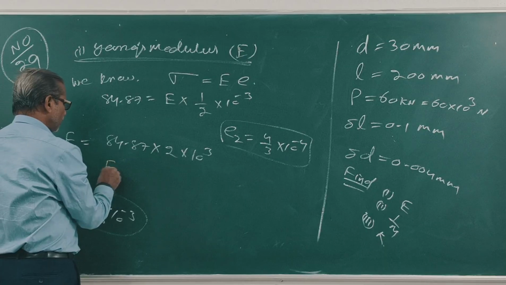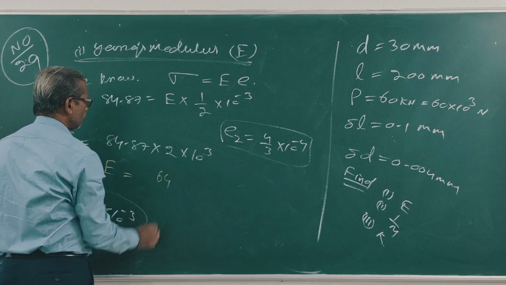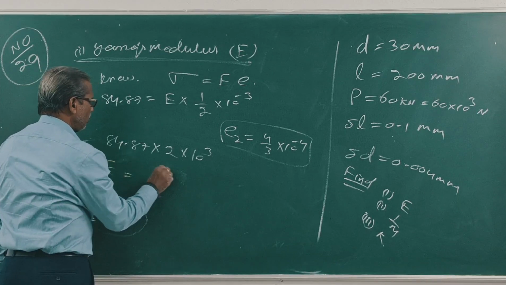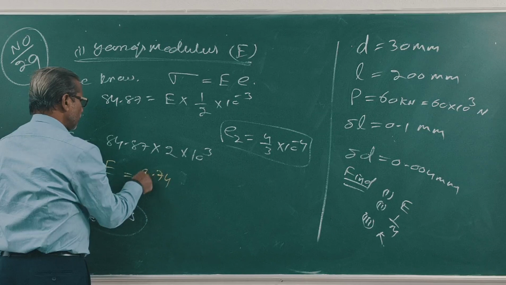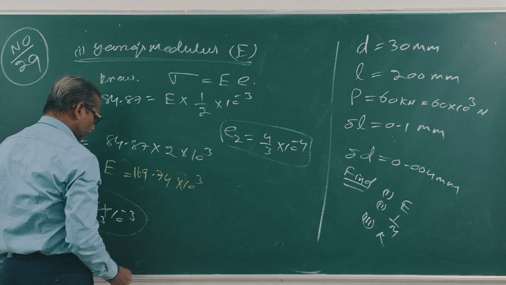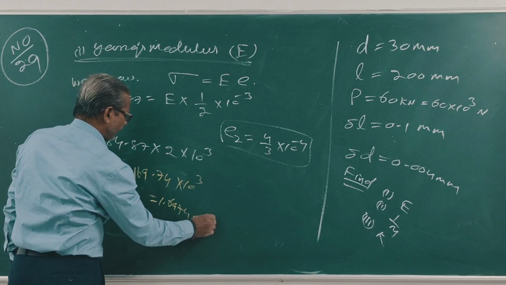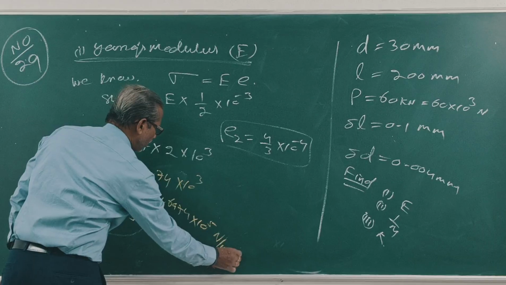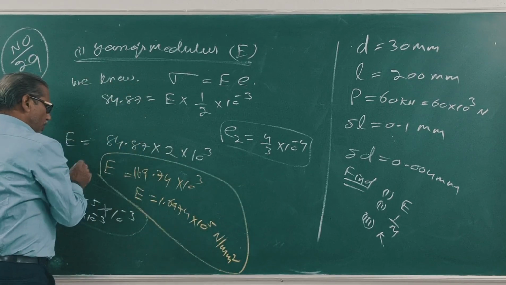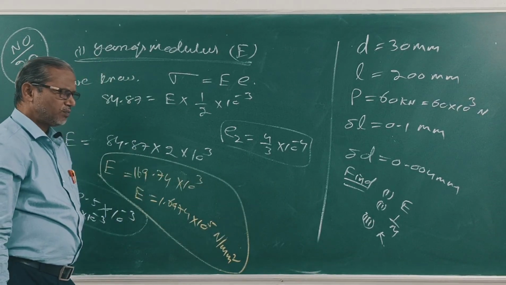E is equal to 169.74 into 10³, which is 1.6974 into 10⁵ Newton per mm². This is Young's modulus E. Then Poisson's ratio, 1 by m.